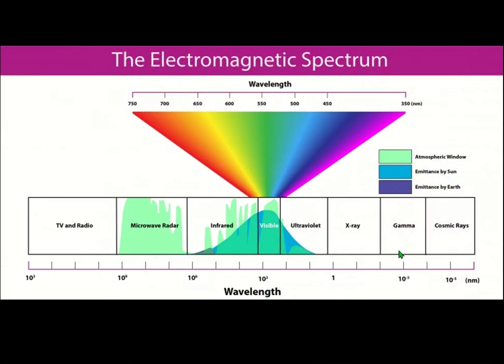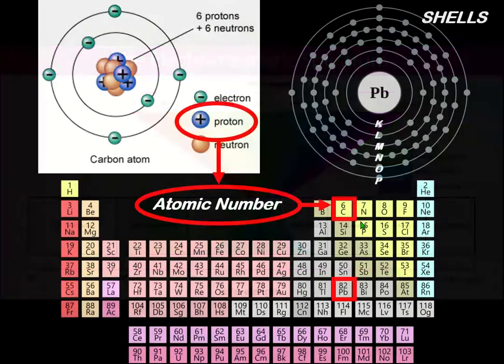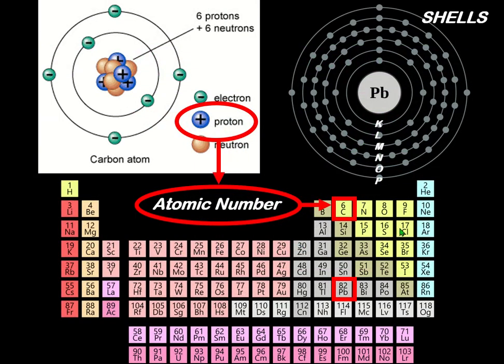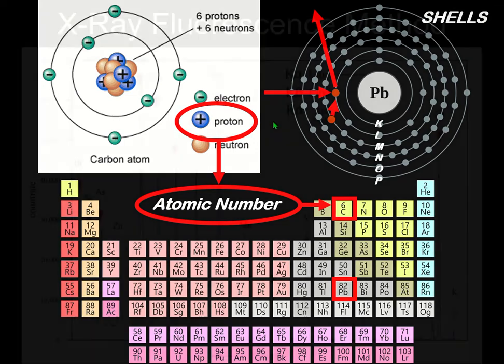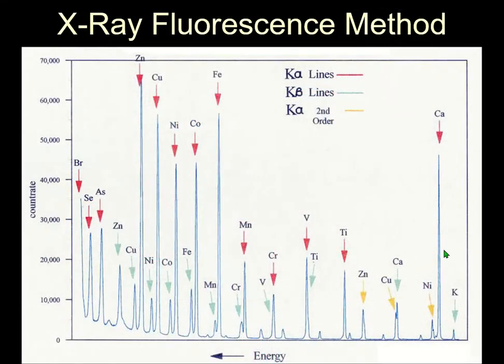So X-rays are here along the electromagnetic spectrum, and they are generated by, and we're back here again, what happens is these electrons go banging into the electrons, and they will knock one out, and what happens is another one will fall into its place, and that will give off a distinctive X-ray, and that's what creates this.